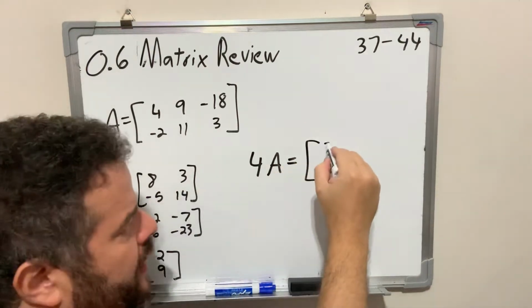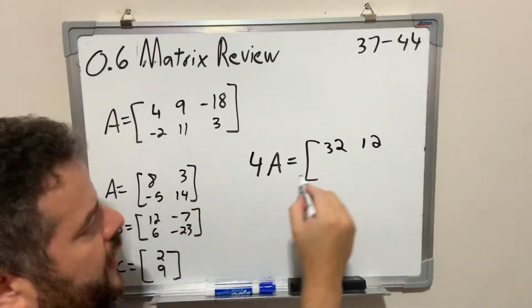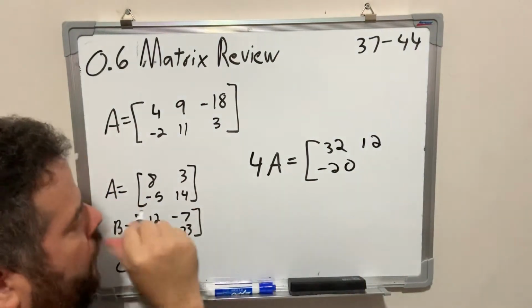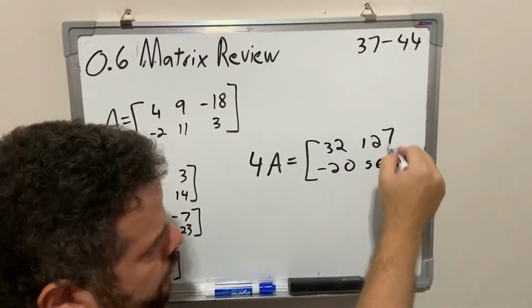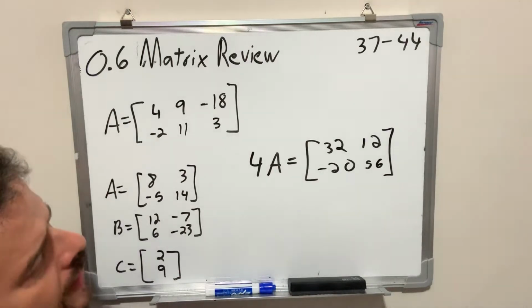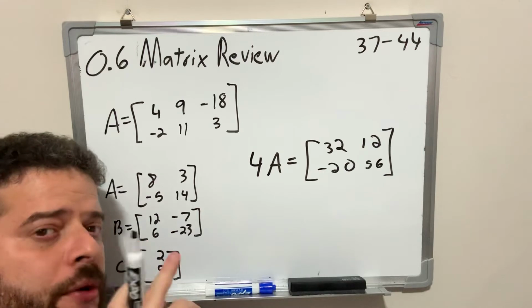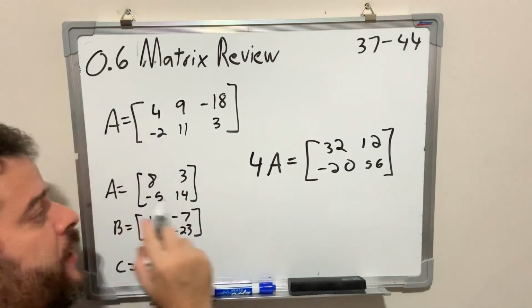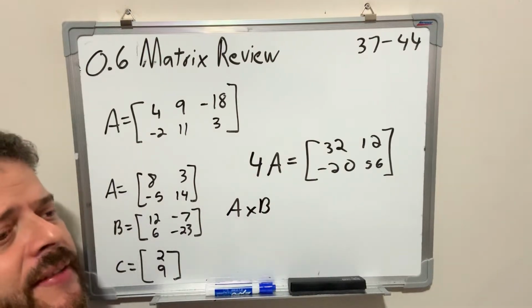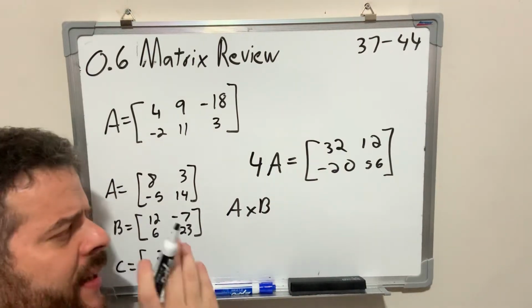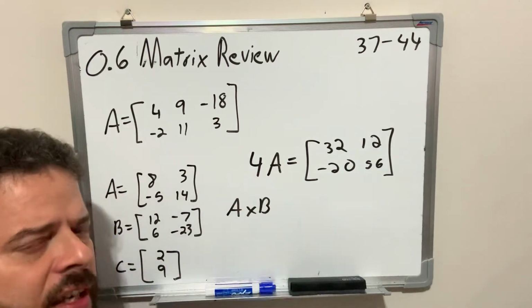So 4 times 8 is 32, 4 times 3 is 12, 4 times negative 5 is negative 20, 4 times 14 is 56.